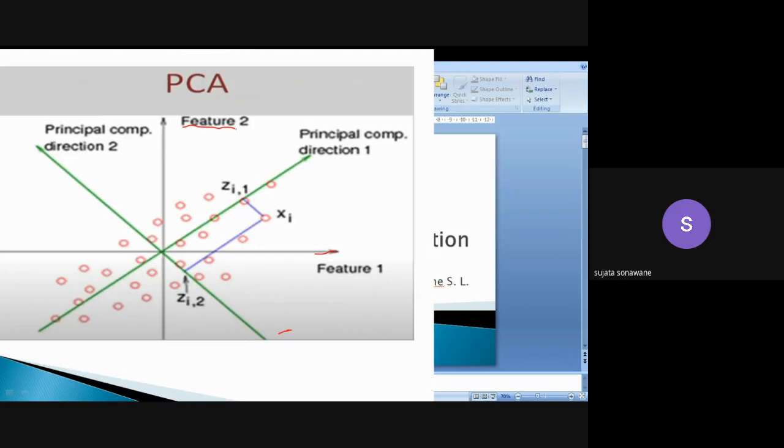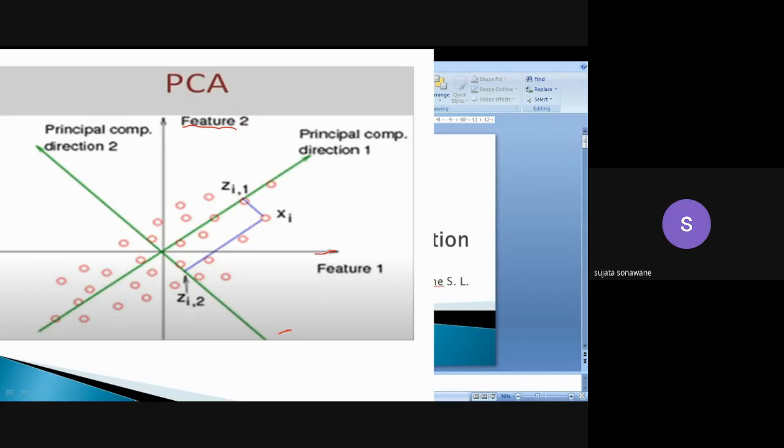Now we have to draw the principal component. When we consider the principal component, we have to select it in such a way that its variance will be maximum.